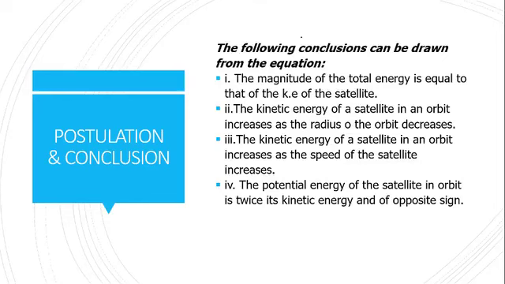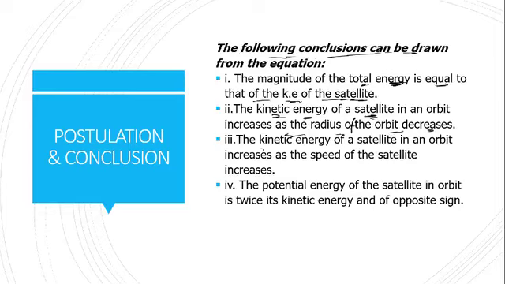So we can draw the following conclusions from the equations we had. The first one is that the magnitude of the total energy is equal to that of the kinetic energy of the satellite. The second one is that the kinetic energy of a satellite or a body orbiting in space increases as the radius of the orbit decreases.